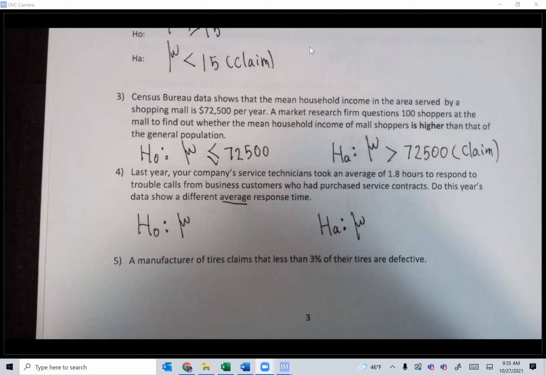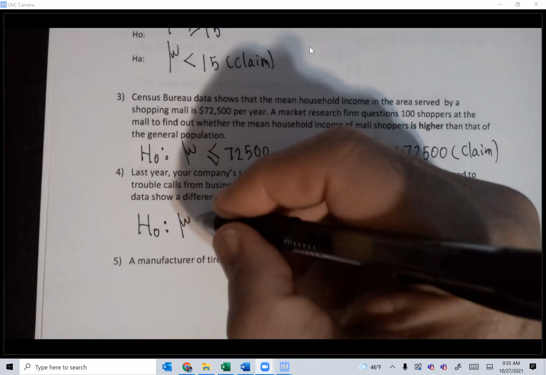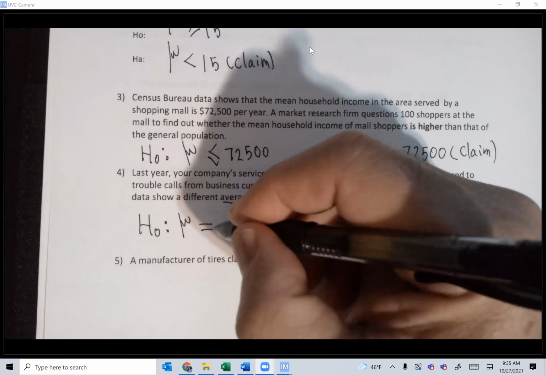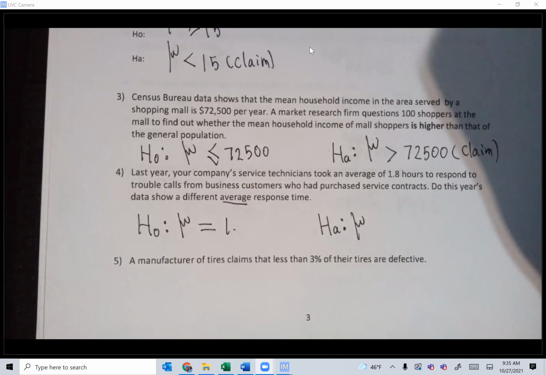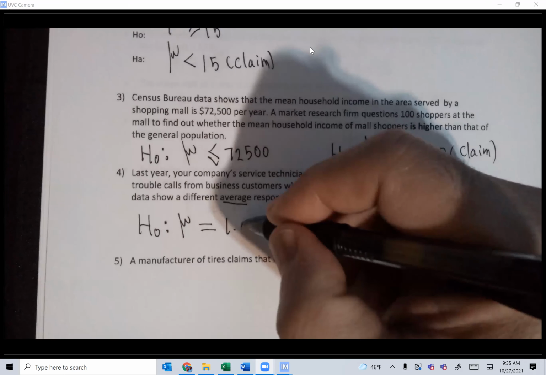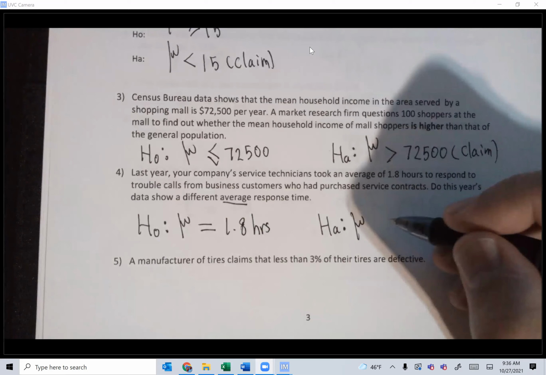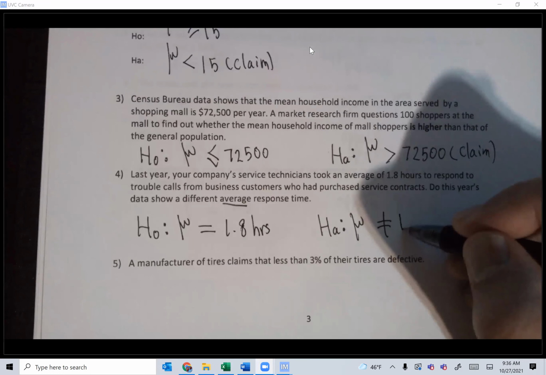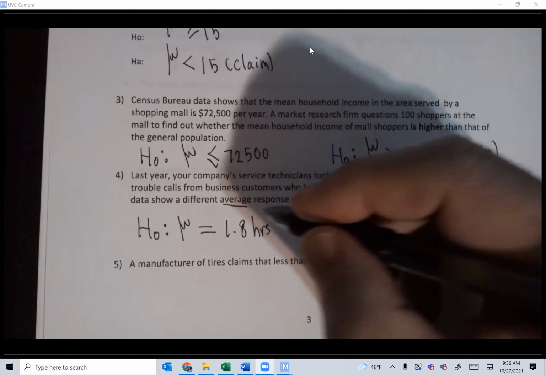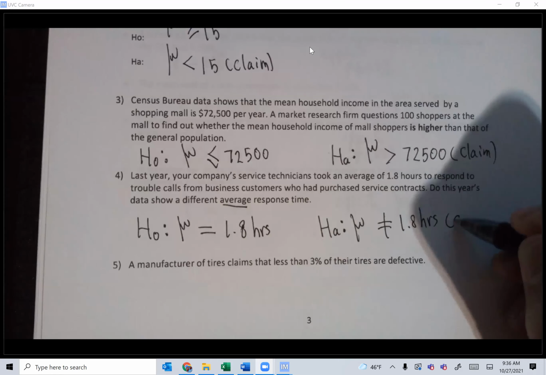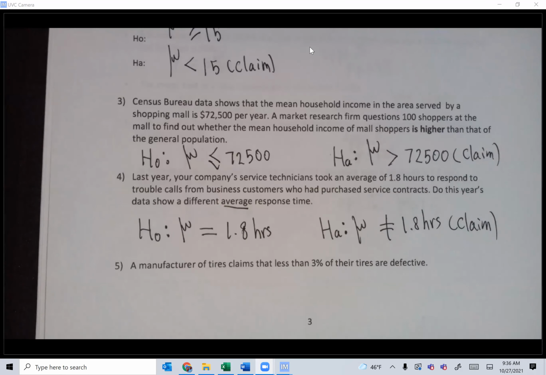Equal or not equal. Average of 1.8, not equal. And he's asking, is it different? That means the claim is right here. Okay. I don't just select anyone to be the claim. It's whatever the question is, that would be the claim.